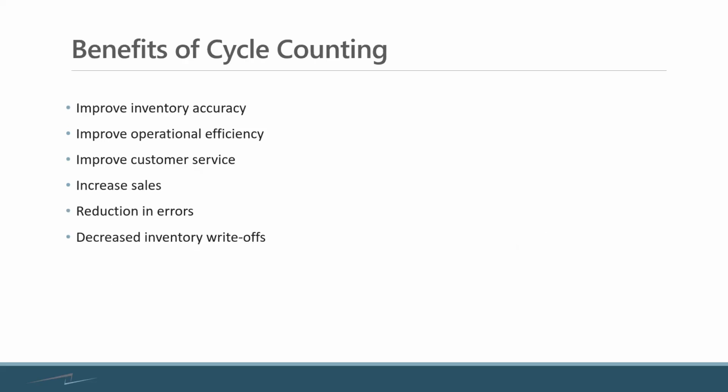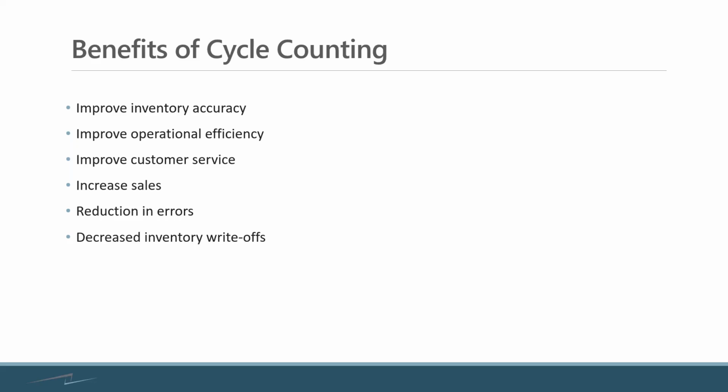Okay. So what are the benefits? Obviously improved inventory accuracy, right? We want to improve our inventory accuracy by counting it more frequently. If my inventory is more accurate, I am also going to have operational efficiency. If I have workers going back and forth trying to find inventory that the system says is there, but it's not there, I'm obviously going to make them more efficient if I'm cycle counting on a regular basis.